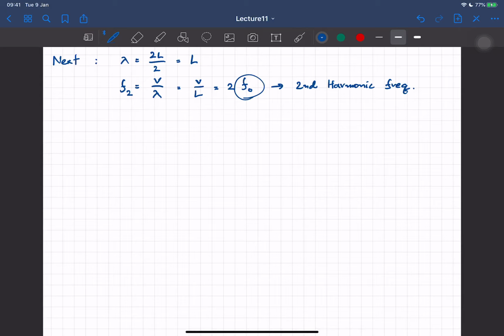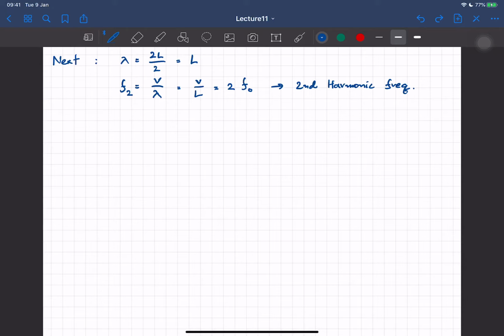And you see why I said earlier that sometimes the fundamental frequency is written f1 instead of f0, because f1 is just 1 times the fundamental frequency, which is the fundamental frequency itself. But actually it doesn't matter whether you call it f0 or f1, we know what it means.